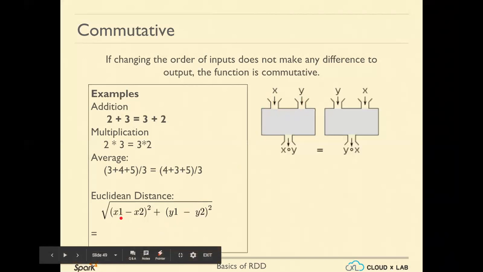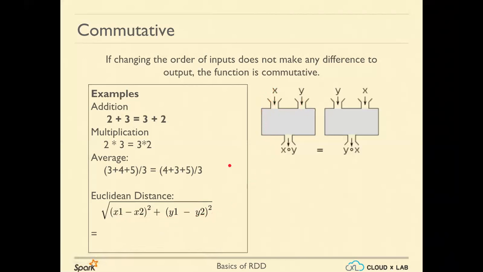Each point has two values, x1 and y1, and x2 and y2. If you're passing two coordinates and returning the Euclidean distance between 2 points in the space, is it commutative? Yes. So the distance between 2 points in the space is going to be commutative: x2 minus x1 squared plus y2 minus y1 squared.